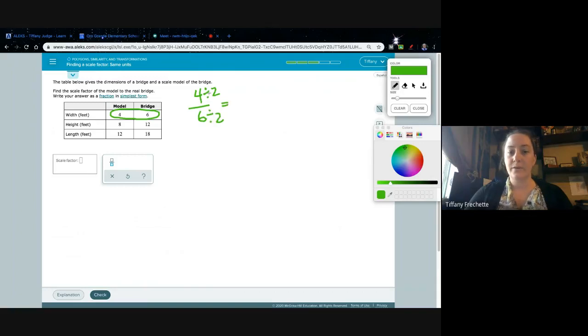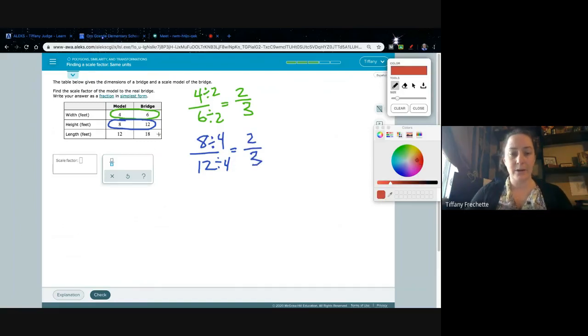So we get 4 divided by 2 is 2. 6 divided by 2 is 3. All right, let's do our height. So we want to go model to bridge. And then it looks like we can divide by 4 here to reduce. So 8 divided by 4 is 2. 12 divided by 4 is 3.